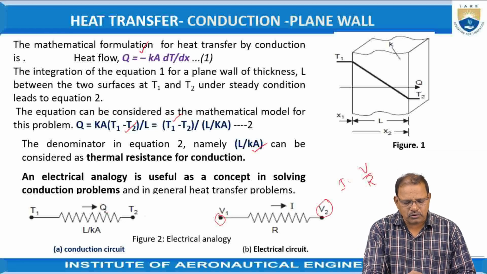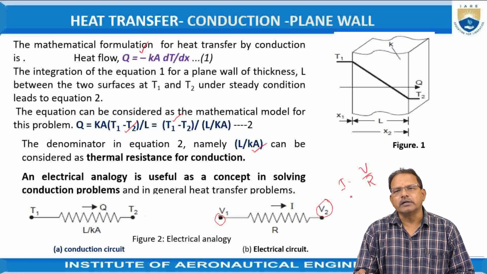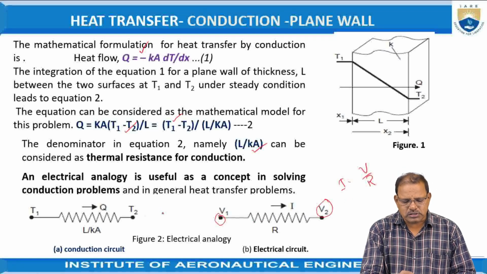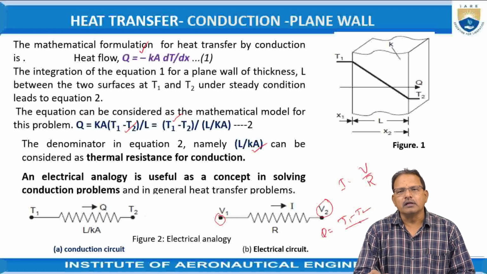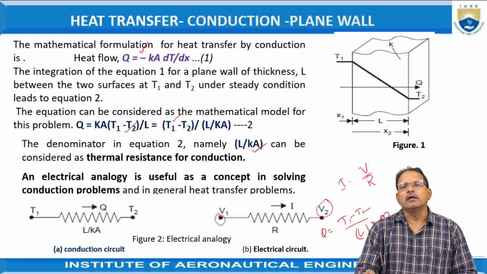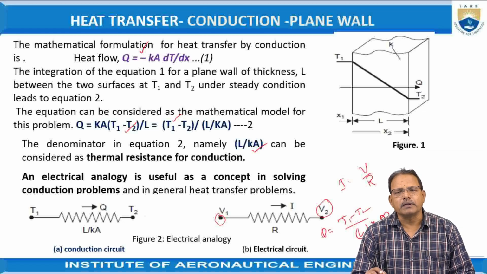It is similar: Q is equivalent to the current I. Here T1 and T2 are called thermal potentials, similarly V1 and V2 are the electrical potentials. So the equation can be written as Q is equal to (T1 minus T2) divided by R, where R is equal to L by K A. Hence L by K A is treated as the thermal resistance for the conduction process.